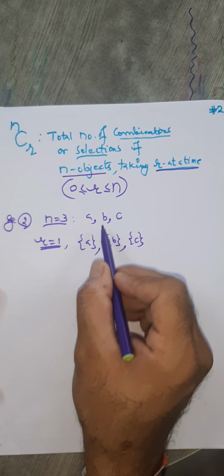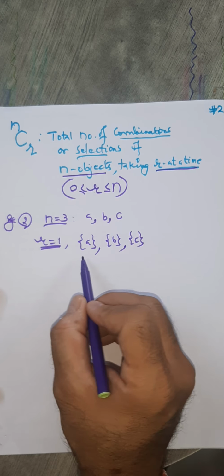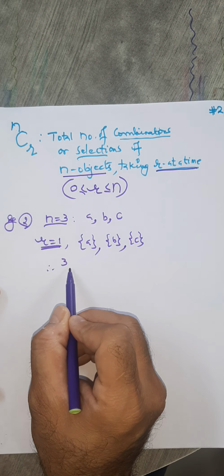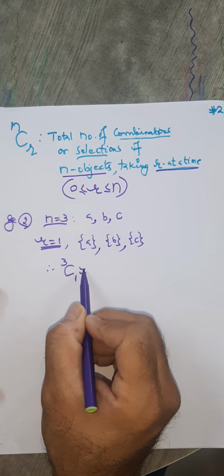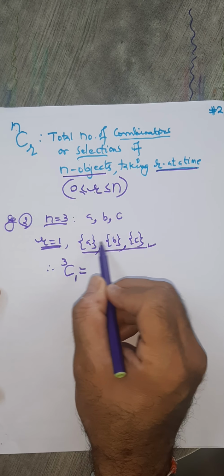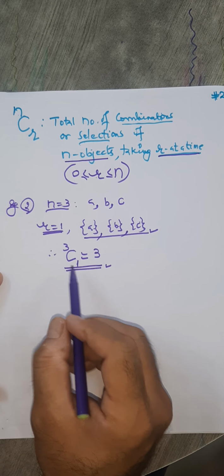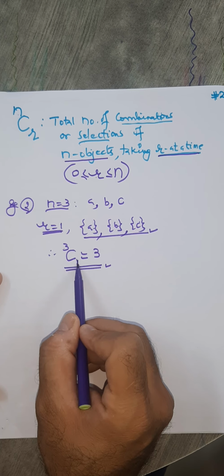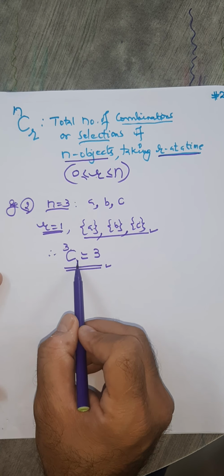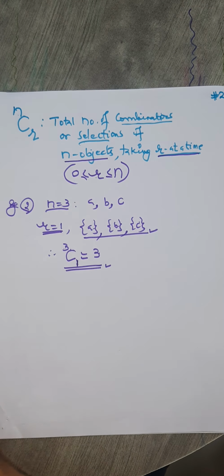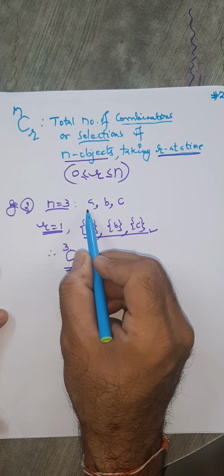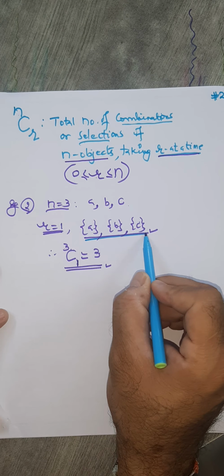So 3C1 equals 1, 2, 3, which is 3. Total number of combinations of 3 objects taking one at a time is 3. 3 different combinations can be made out of the 3 objects taking one at a time.